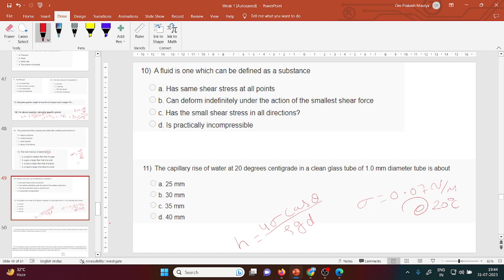And you all know the angle of contact between water and clean glass is 0 degrees, theta is equal to 0.